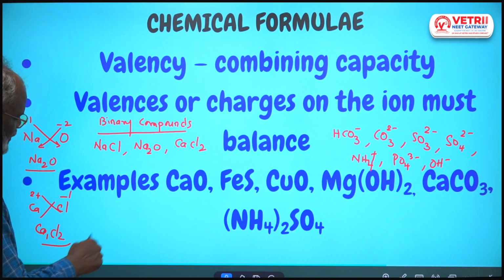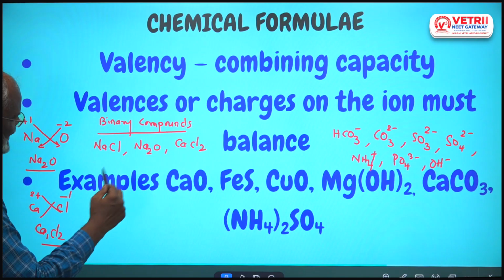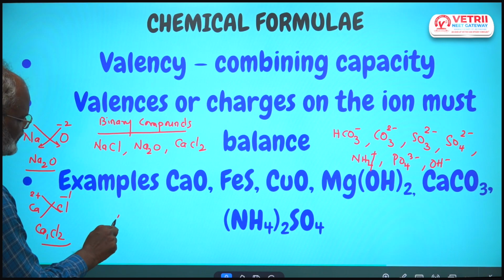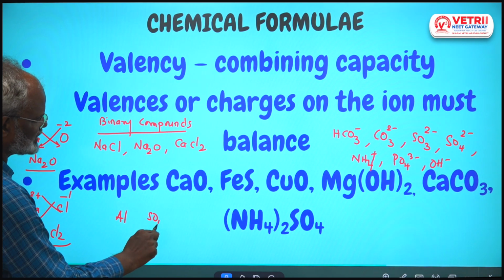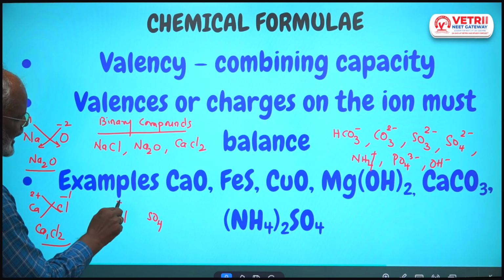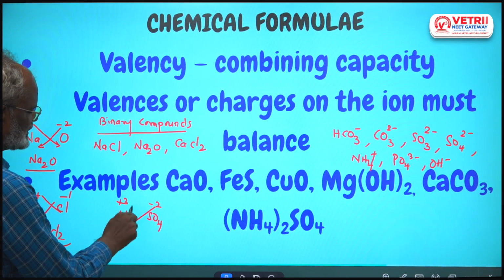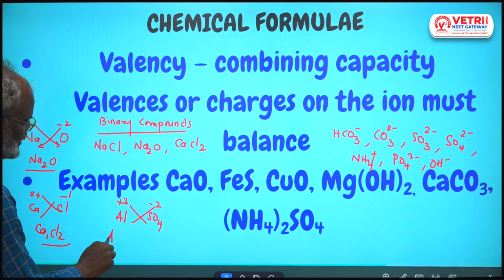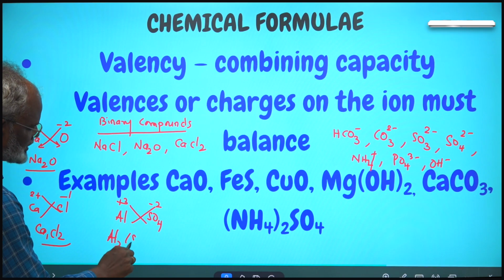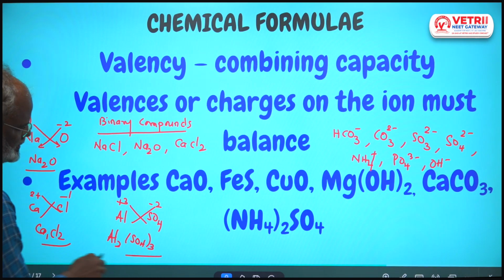Now we will take some examples of non-binary compounds. Take for example aluminium sulfate. The two ions: for aluminium it is plus 3, sulfate minus 2. Cross this, you will get Al2(SO4)3.